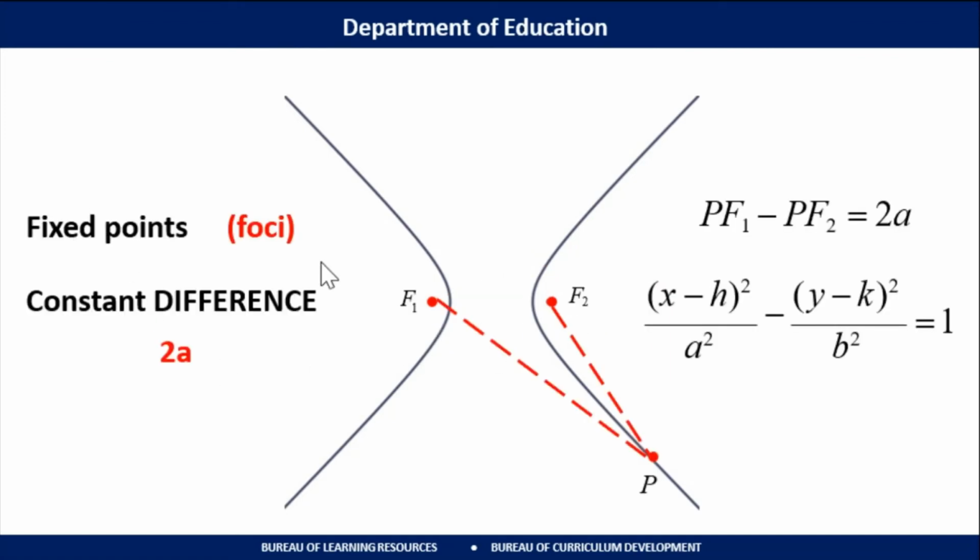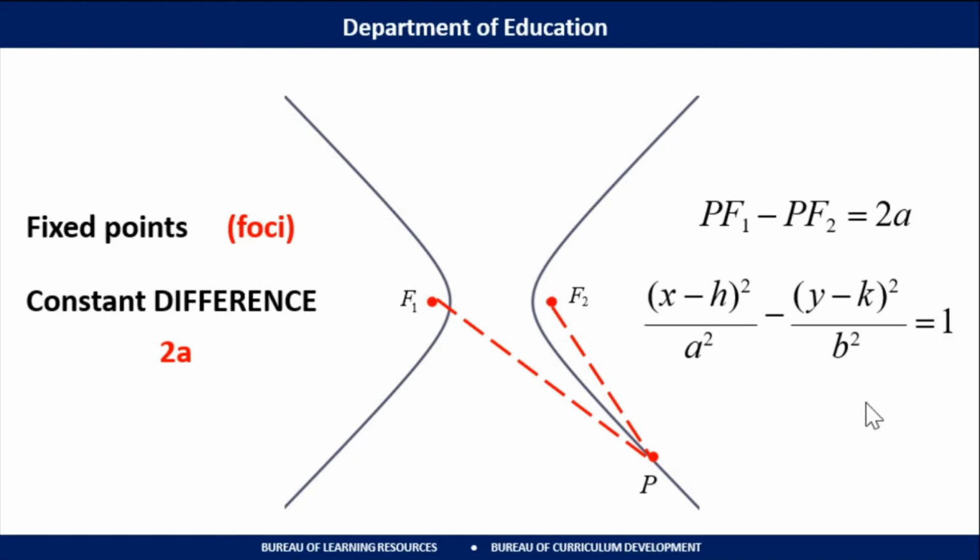So, the fixed points in a hyperbola, ayan, that's the foci, and the constant difference is 2a. So, how to get the constant difference? So, PF sub 1 minus PF sub 2. So, ito minus ito will get the constant distance.